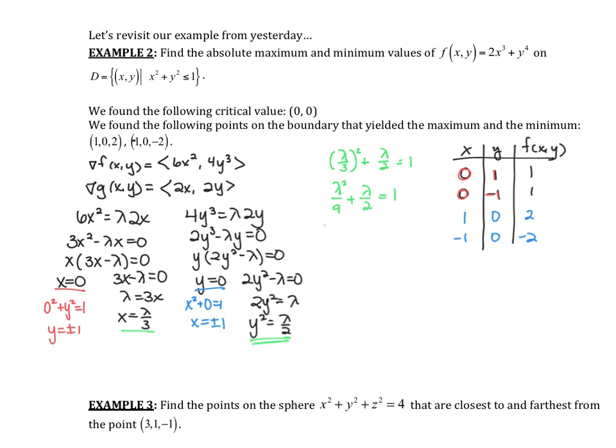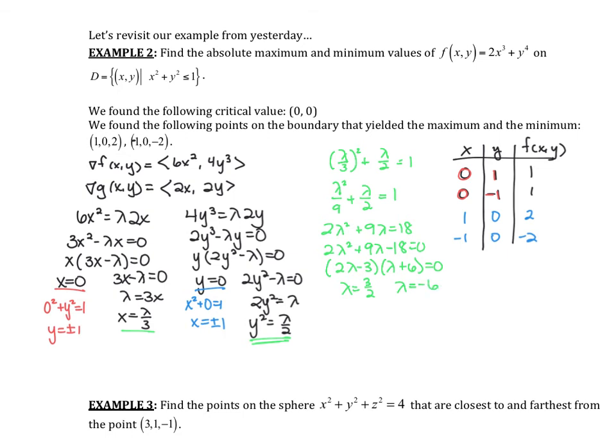And let's multiply everything by 18. So we get 2 lambda squared plus 9 lambda equals 18. 2 lambda squared plus 9 lambda minus 18 equals 0, and I'm going to factor and solve. So I get (2 lambda minus 3)(lambda plus 6), which means we get lambda equals 3 halves, and lambda equals -6.